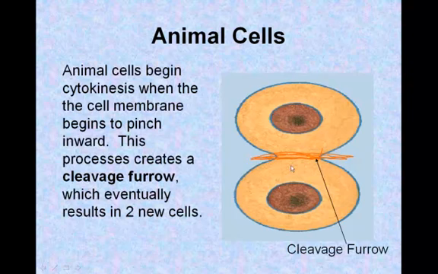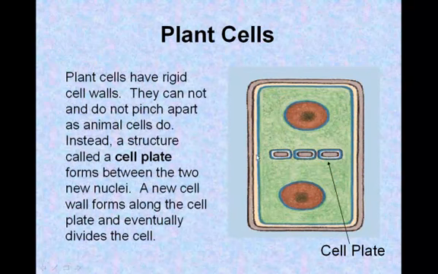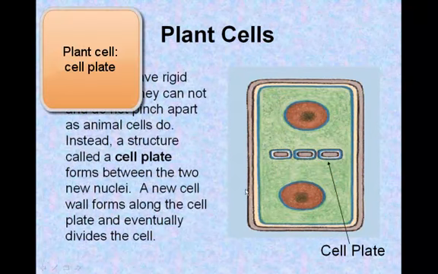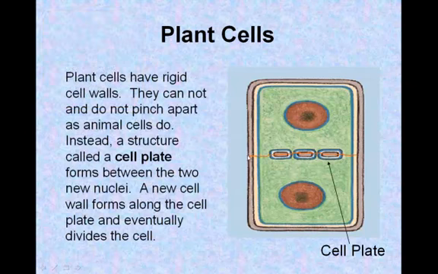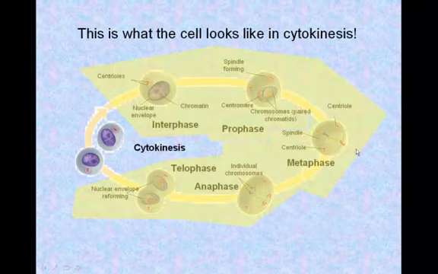It starts pinching in. Plant cells can't change their shape so easily, so they get what's called a cell plate. And you actually get a new cell wall growing without any of that pinching in. So it really stays very square in plant cells. So plant cells get a cell plate, animal cells get a cleavage furrow. And that's what the cell looks like in cytokinesis.